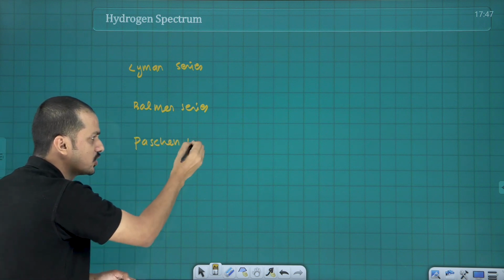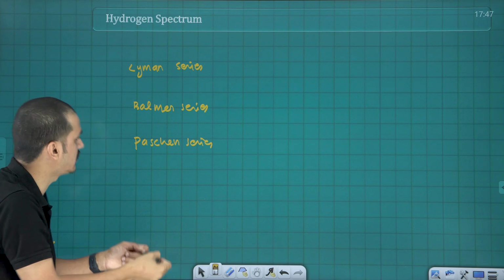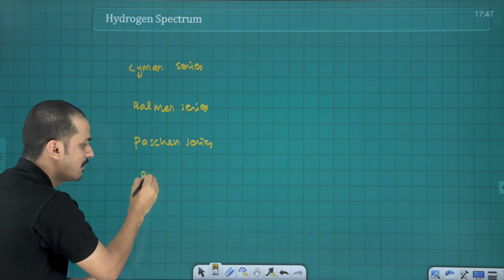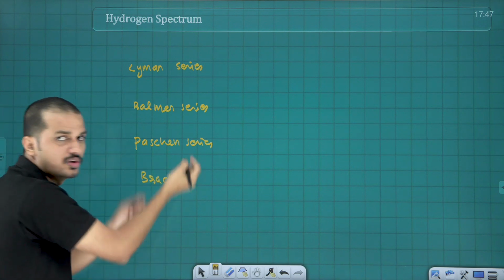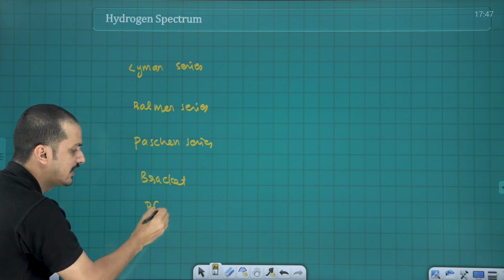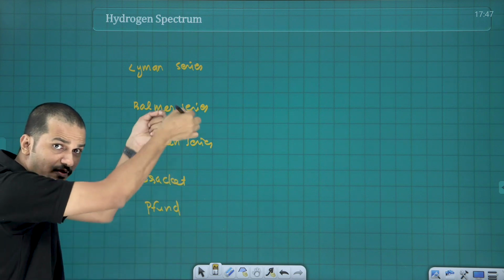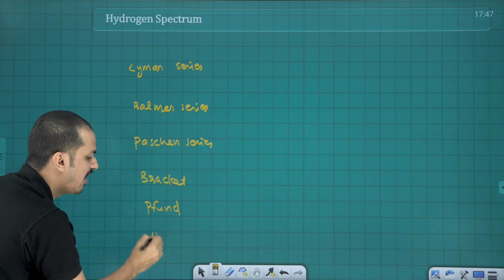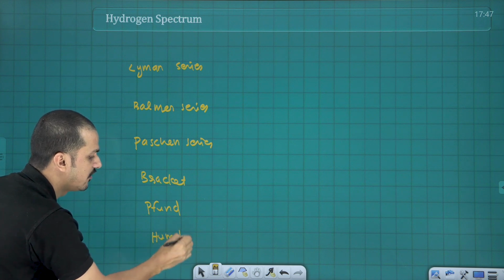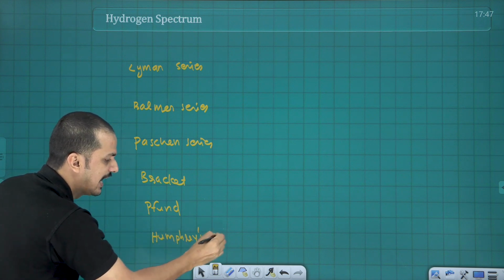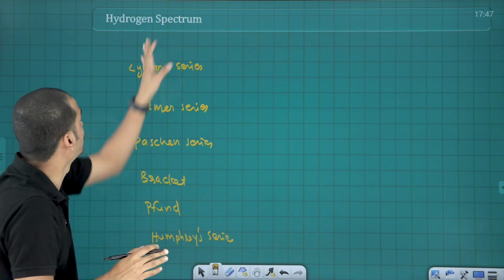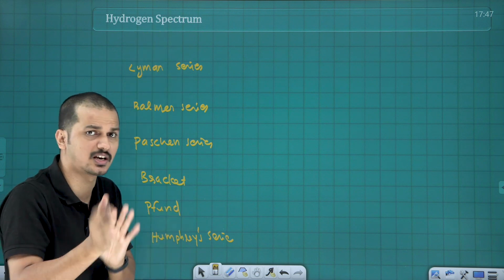Anywhere to n equal to 4 is the Brackett series. Anywhere to n equal to 5 is the Pfund series. Anywhere to n equal to 6 is the Humphreys series. That much idea we know. Any line in this hydrogen spectrum we can calculate by using Rydberg's formula.